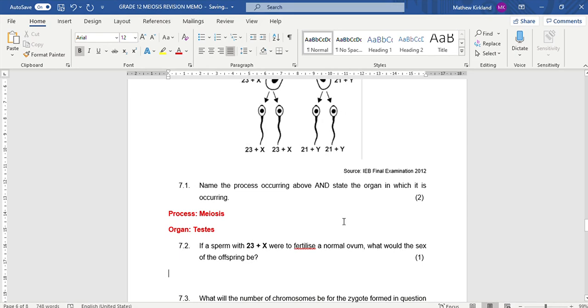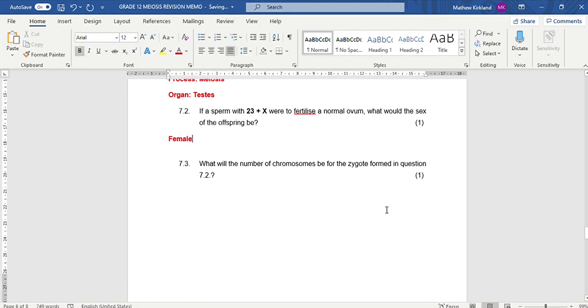It can only be an X because a female is XX. Therefore, the only option is that the offspring will be female. Because it's one X, the only alternative it can combine with is an X from the female. So, it can only be female.